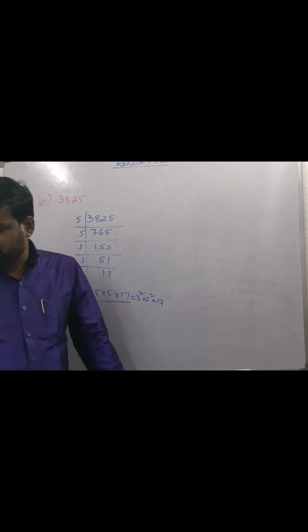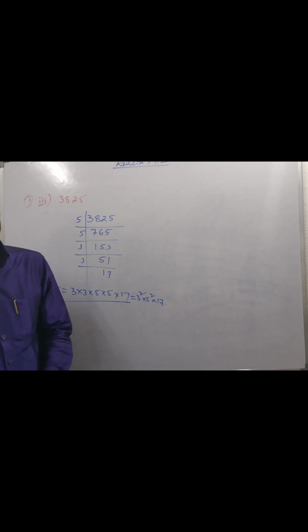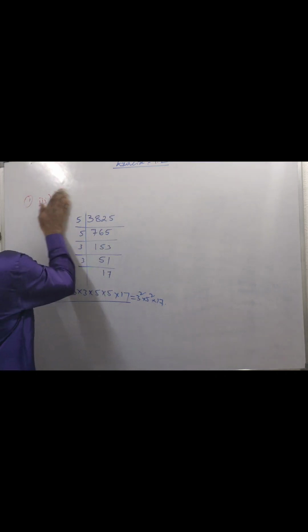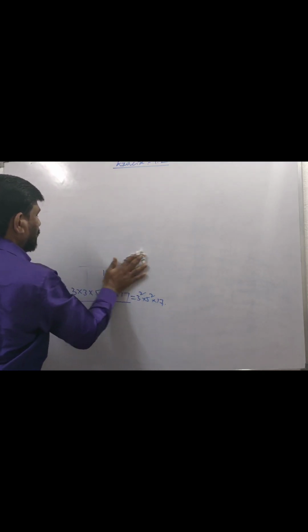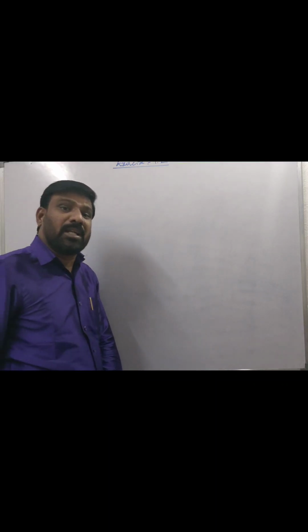Next problem. The next problem is: find the LCM and HCF of the following integers by the prime factorization method. While finding LCM and HCF, I have discussed 3 methods.